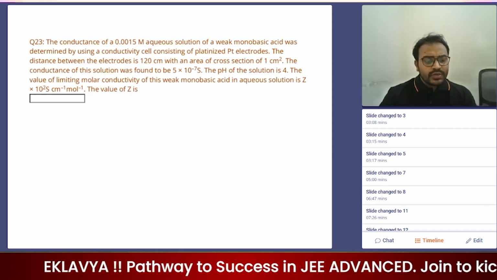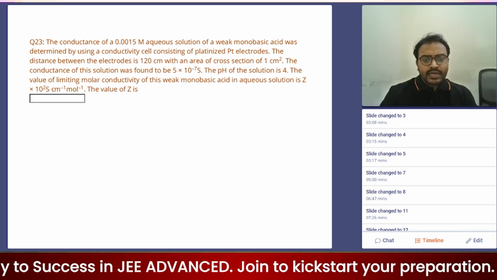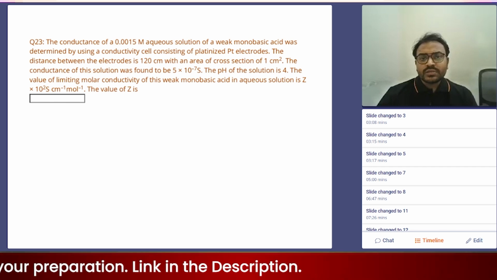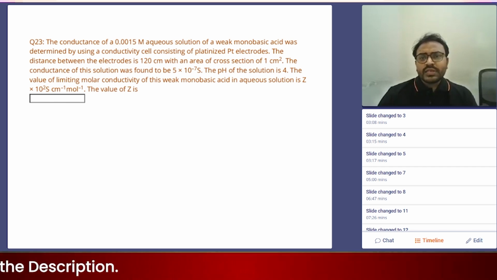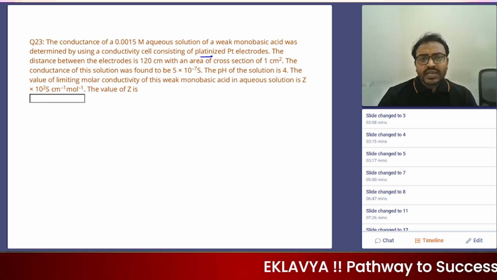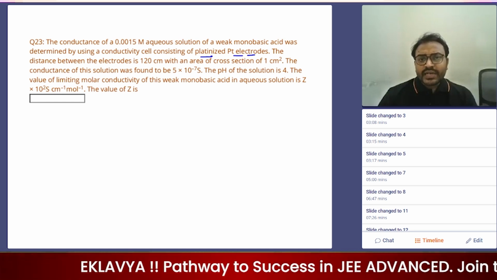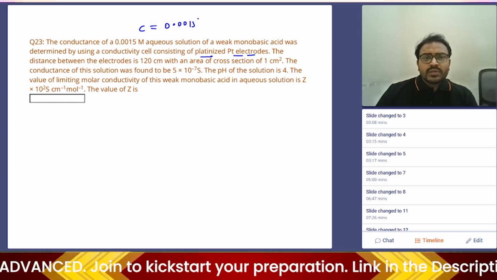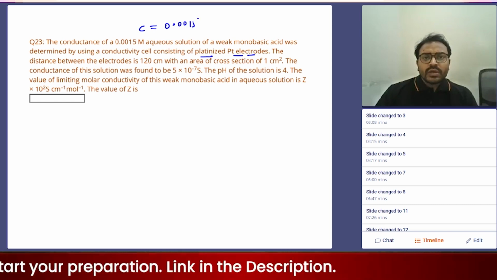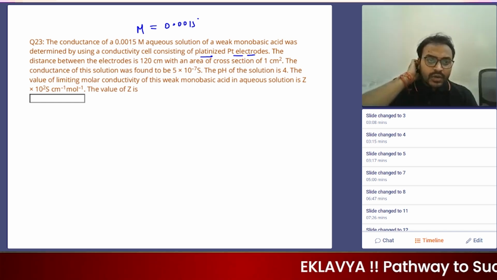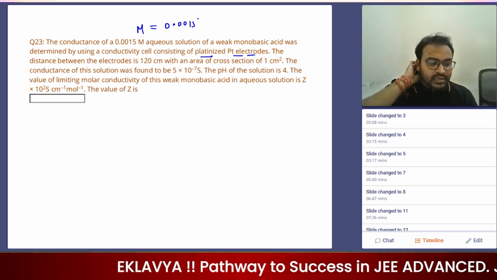Now next question: we have the conductance of a 0.0015 molar aqueous solution of a weak monobasic acid determined by using a conductivity cell consisting of platinized platinum electrodes. So the concentration is given, that is a molarity, so we can write here molarity, this is capital M. Now the distance between the electrodes is given, 120.